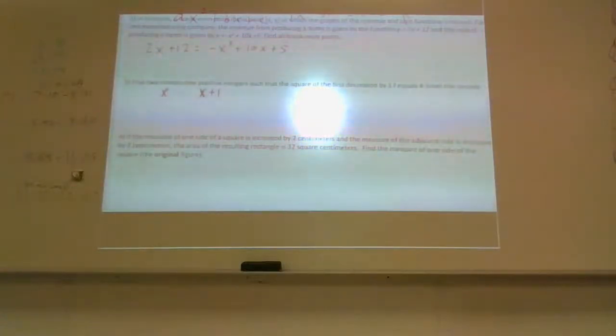Do not call them x and y. The reason is that they tell me they're 2 consecutive integers, meaning one has to be one larger than the next. If I identify my 2 unknowns in that way, now all of a sudden the rest of the problem makes a tiny bit more sense.